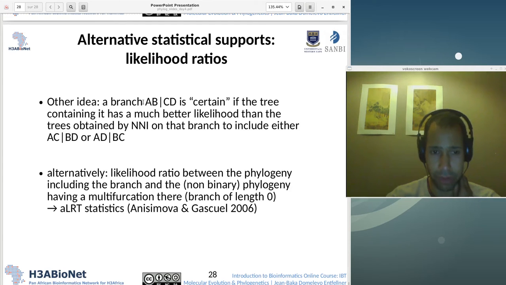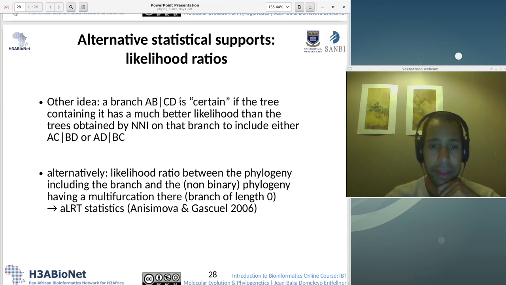We can change our viewpoint and say that a branch linking subtrees AB to subtree CD has a high confidence value associated with it if the tree containing this branch has a much better likelihood than the trees obtained by NNI on that branch. So the trees being AC versus BD or AD versus BC.